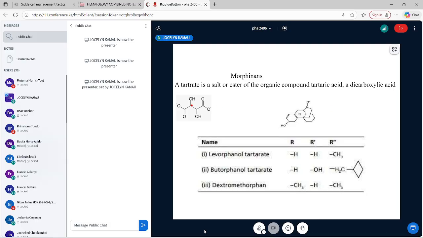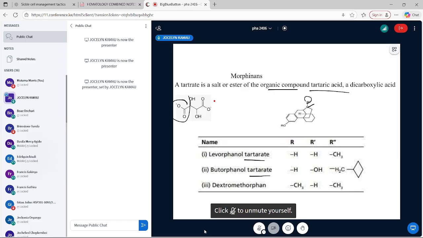Morphinans. A tartrate is a salt or ester of the organic compound tartaric acid, a carboxylic acid. When I see something, I like making sure that you understand. So again, remember, they still have the terminal group here, and this nitrogen there is still basic, but this time you can see this is a carboxylic acid.